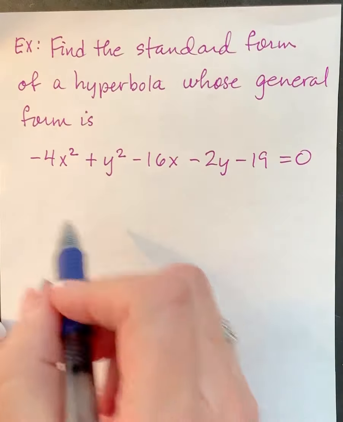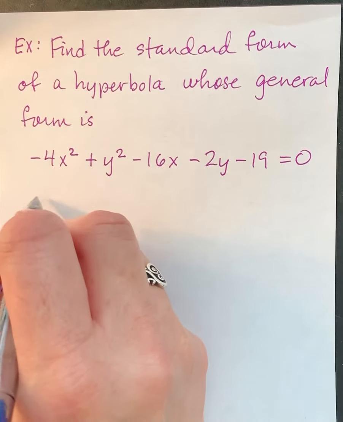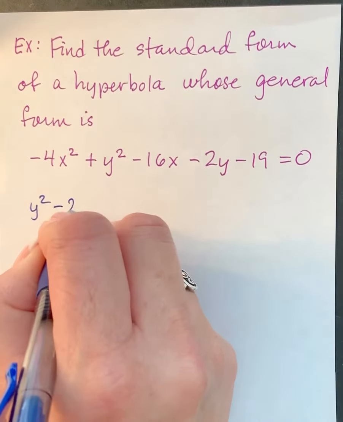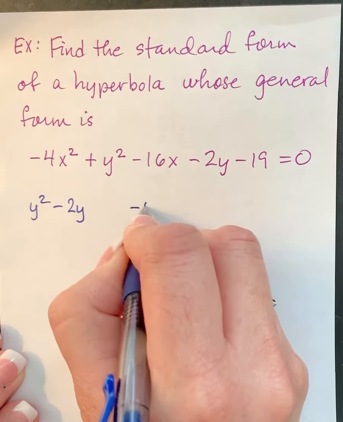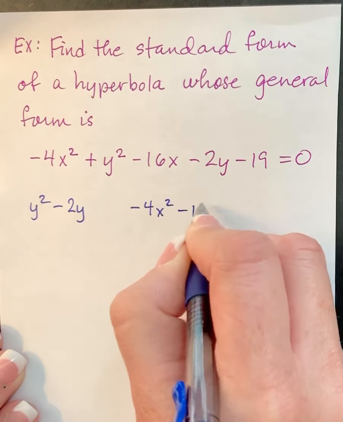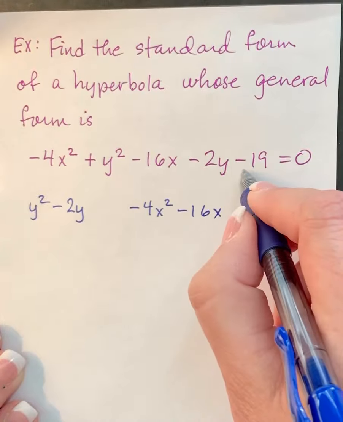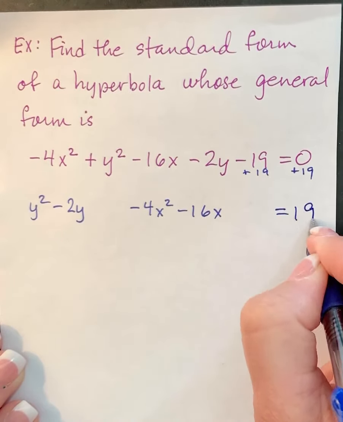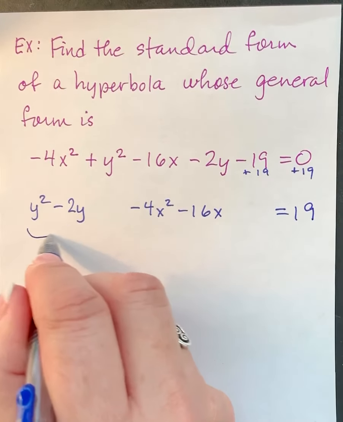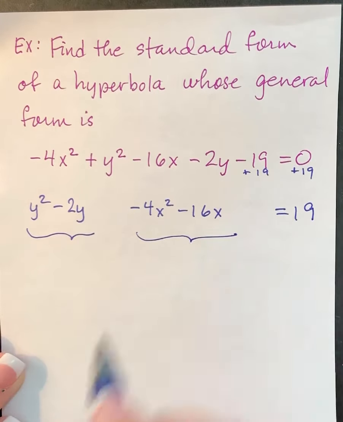So let's write the y's first. We'll have y squared minus 2y, and then we'll put the ones with x: minus 4x squared minus 16x, and then you add the constant to both sides. That's equal to 19.